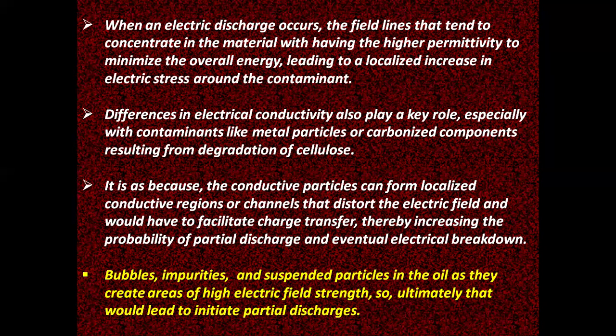Differences in electrical conductivity also play a key role, especially with contaminants like metal particles or carbonized components resulting from degradation of cellulose. This is because the conductive particles can form localized conductive regions or channels that distort the electric field and facilitate charge transfer, thereby increasing the probability of partial discharge and eventual electrical breakdown.